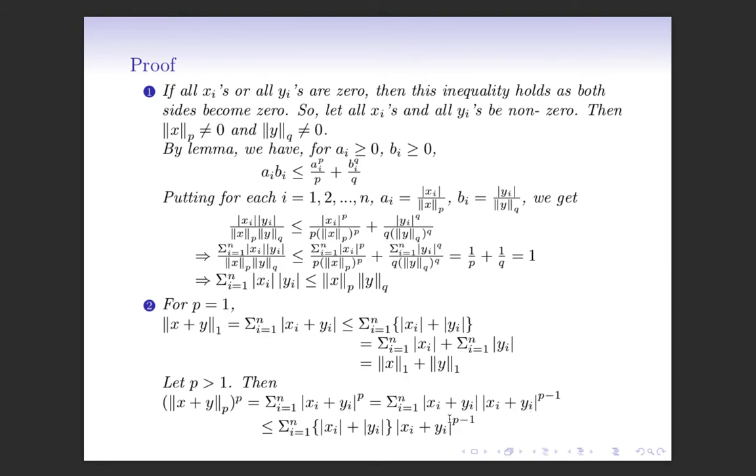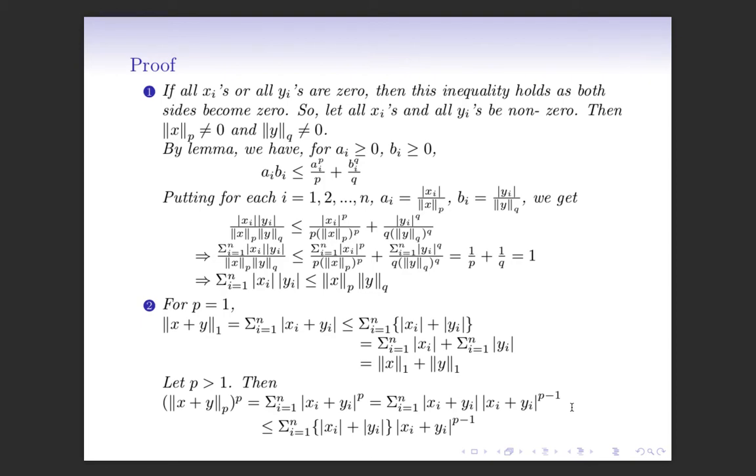And since mod of xi plus yi is less than or equal to mod of xi plus mod of yi, so with this less than or equal to sign, we can write this is less than or equal to summation mod of xi plus mod of yi, i varies from 1 to n, into mod of xi plus yi whole to the power p minus 1.